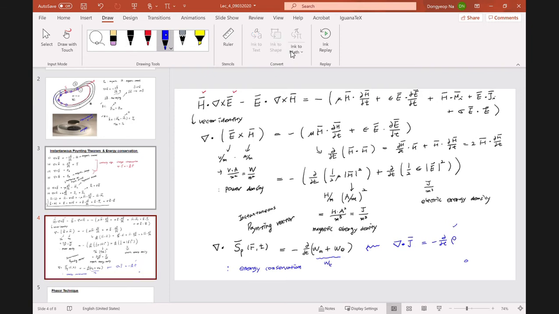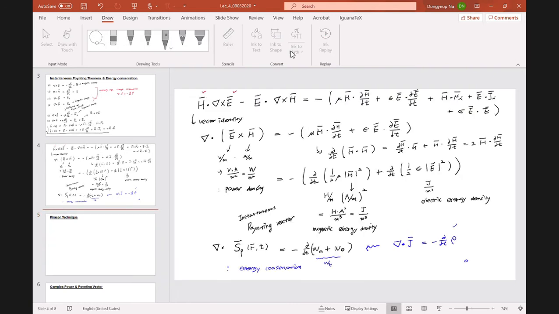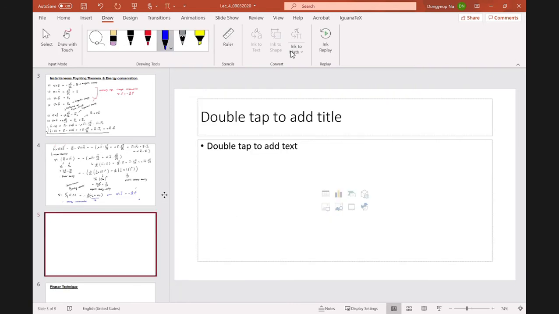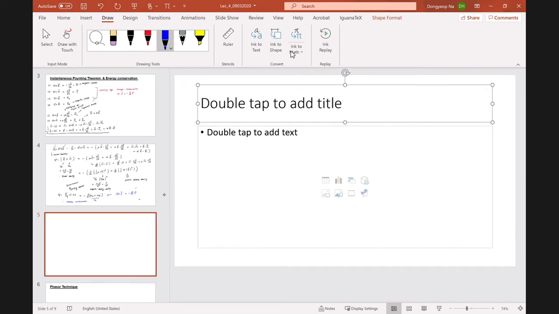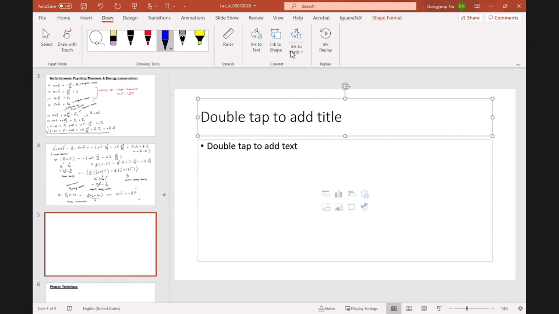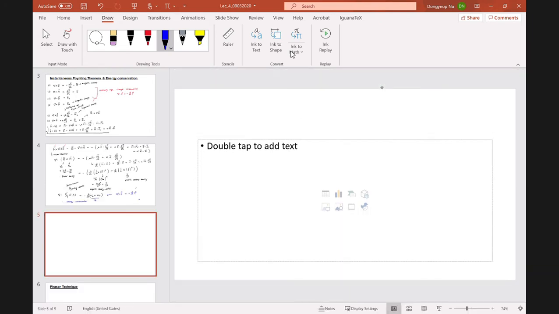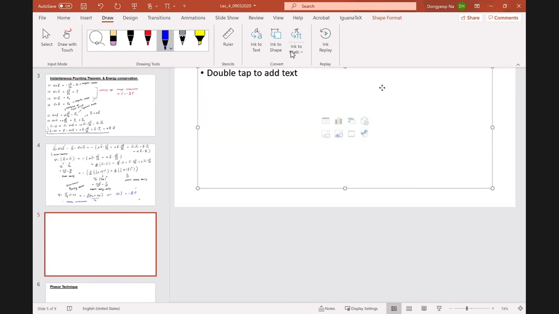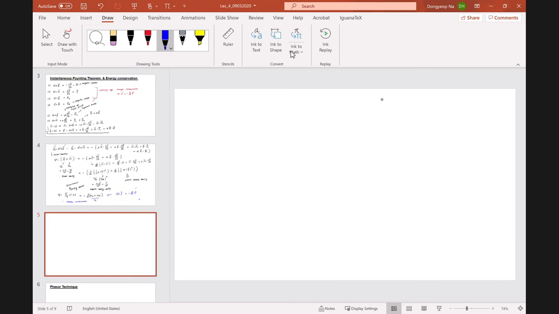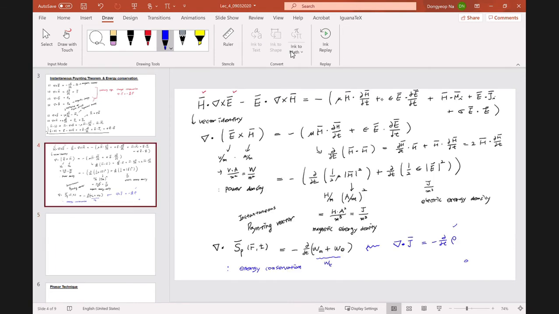Then let's consider a more complicated case by adding source and conduction current terms. Okay. So actually this was the simplest case.